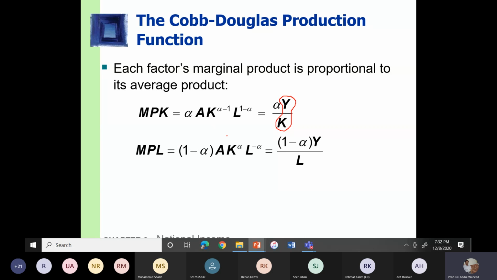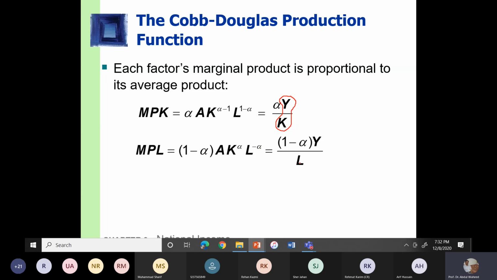Same is with the marginal product of labor. We have to take the derivative with respect to labor. So 1 minus alpha will come down, and then A K alpha is there, and then -1. If you take -1 plus 1 it will cancel out. Then we have L raised to power -1.